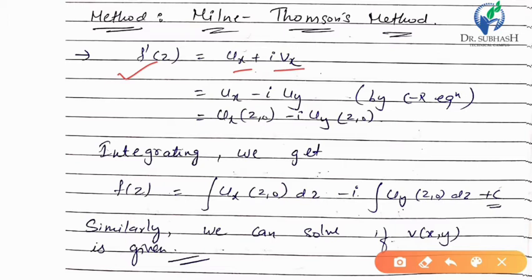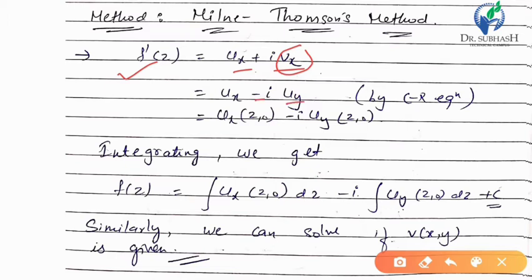Now if we are given u(x,y) as a function, then we need to convert this vx in terms of u. So we know that by CR equation vx is equal to minus uy. So I will replace this vx by minus uy.